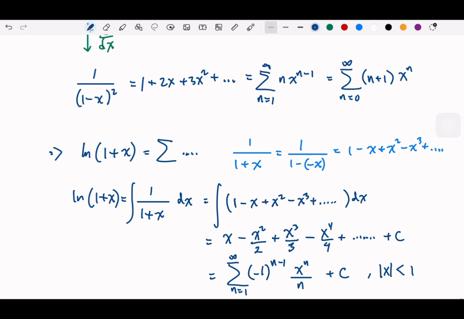Remember that this will be ln(1 plus x), right? We can actually consider the constant. If we put x equals 0, this will be ln 1, which is 0. So constant 0. Agree? Right. So we can erase the constant.